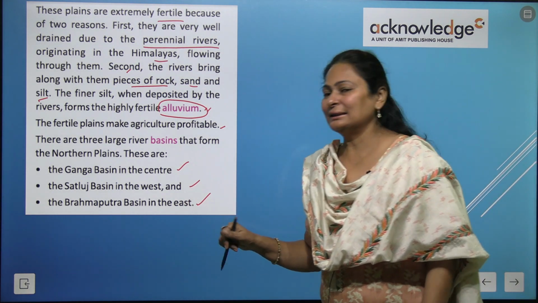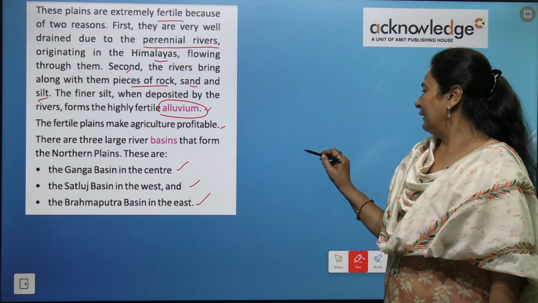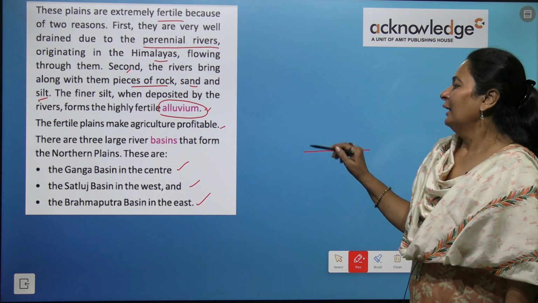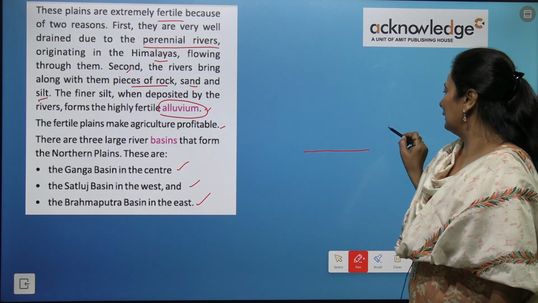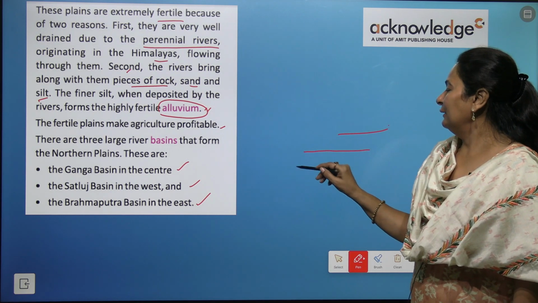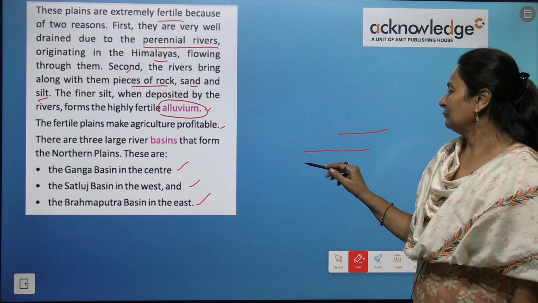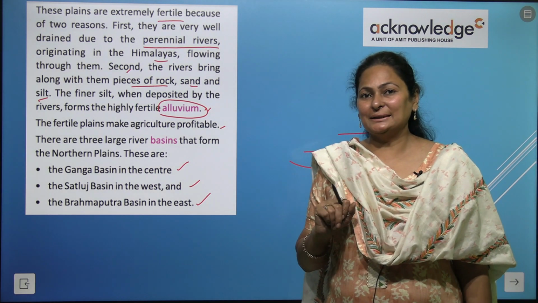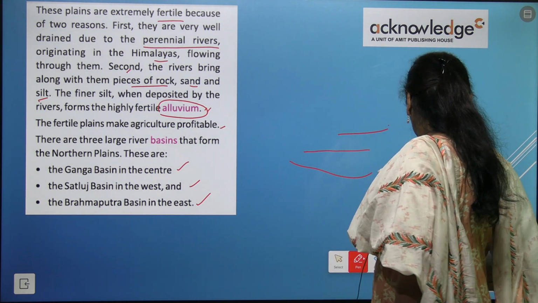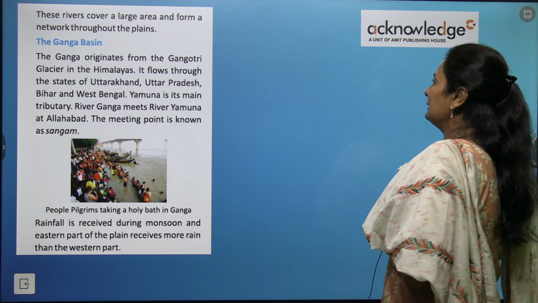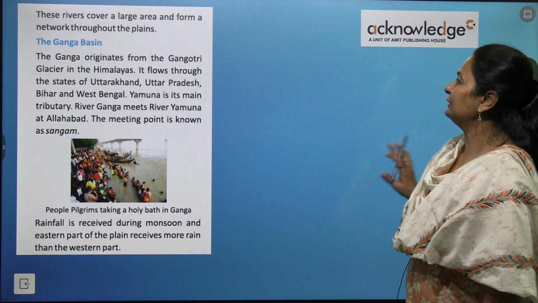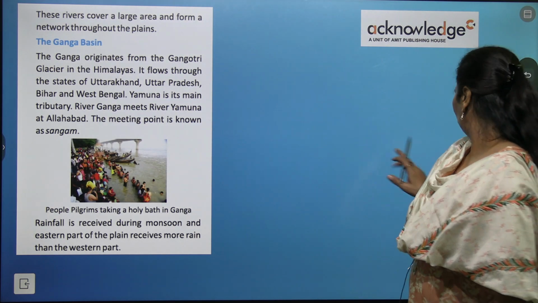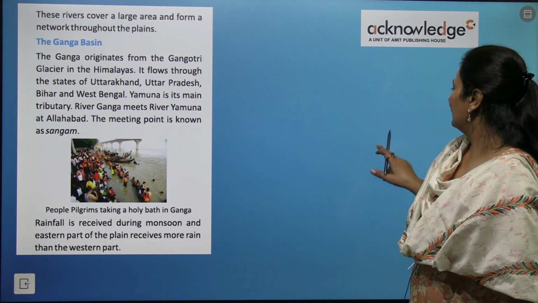So the Ganga basin is in the center. In the west it is the Satluj basin, and in the east it is the Brahmaputra basin, right? So let's discuss these basins. These rivers cover a large area and form a network through the plains, right?